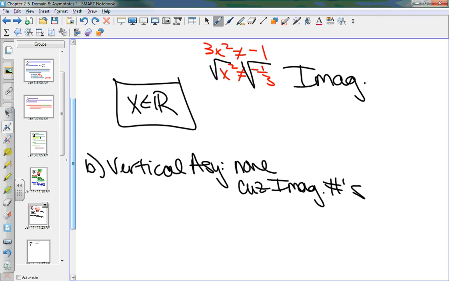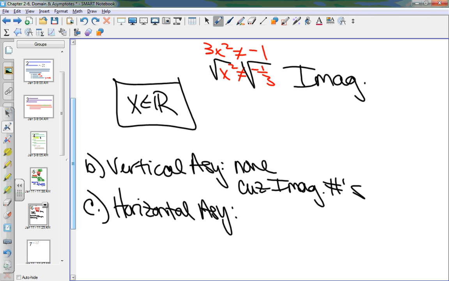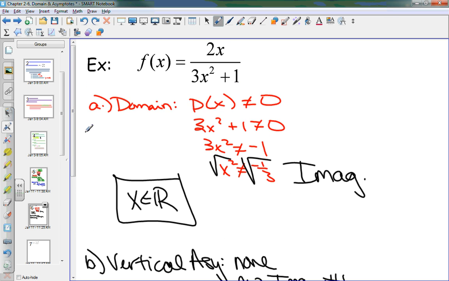Letter C, my horizontal. Well, how do I know if I have a horizontal asymptote? I look at the degree of the numerator, which is 1. I look at the degree of the denominator, which is 2. Correct?